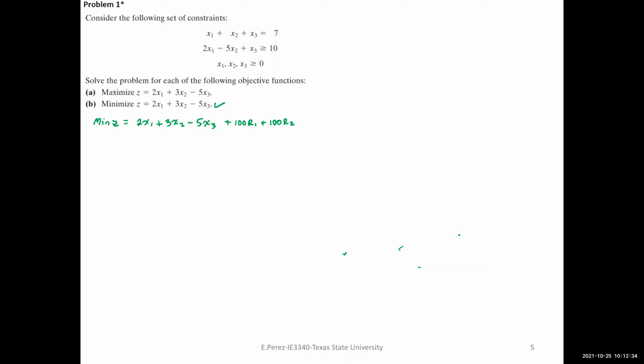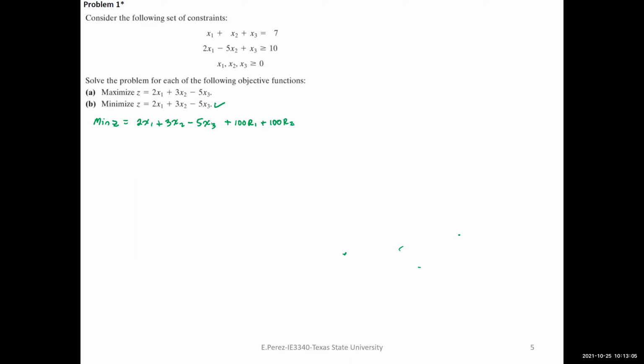Because we want the artificial variables to be 0 at the end of the solution of the problem. We want them to be 0 because they are not part of the problem. We are just using them to find an initial solution. So that's why I don't want R1 to be equal to 5 or equal to 10 or equal to something. I don't want that to happen because the artificial variable is not representing something in the problem. It's just there to find an initial solution.